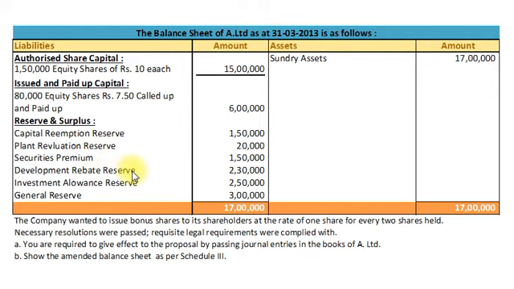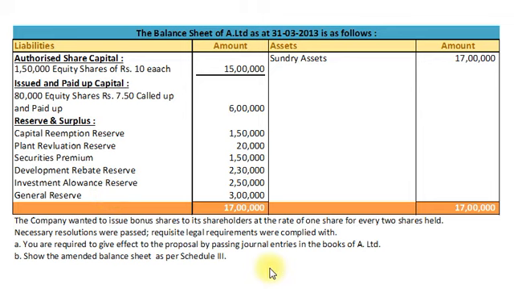Development rebate reserve and investment allowance reserve, these two are statutory reserves and not available for making bonus shares. So we have only one free reserve, that is general reserve, amount rupees 3 lakh. So out of these 3 lakh, 2 lakh rupees will be utilized to make our partly paid up equity shares fully paid up.